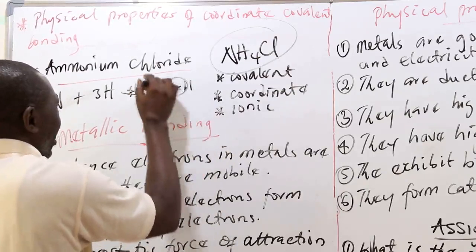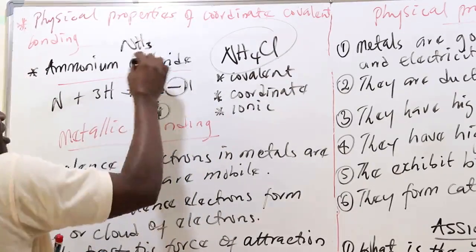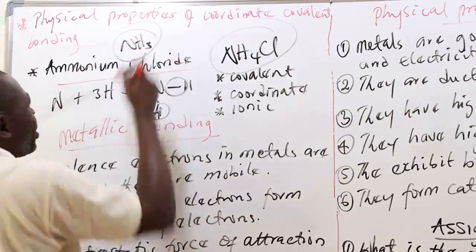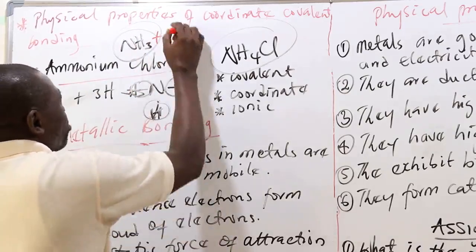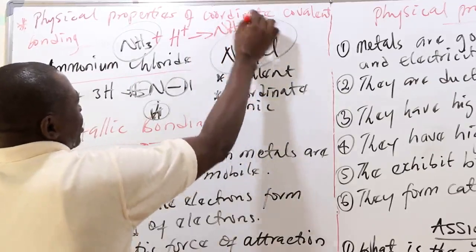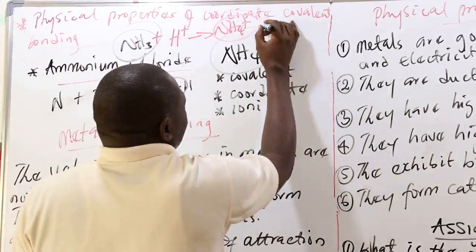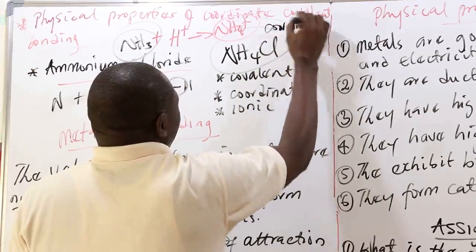Okay, all these ones are covalent bonding. So to form ammonia is covalent bonding. The reaction between ammonia and hydrogen ion to form ammonium ion, okay, this one is what we just learned now. That is coordinate covalent bonding.